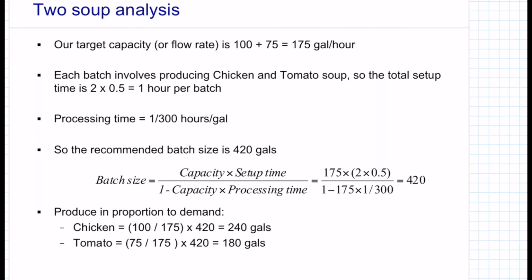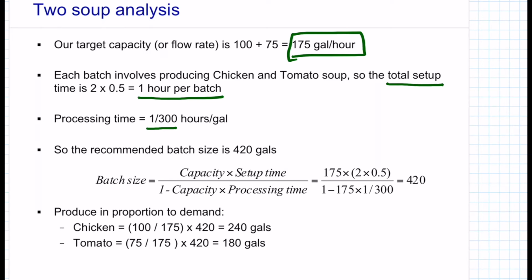To find the batch size, first we find the target capacity, which in this case is the total demand, 100 plus 75. The total setup time is 2 times 0.5 for each type of soup, so the total is 1 hour per batch. Since the production rate is 300 gallons per hour, we take the reciprocal to get a processing time of 1 over 300 hours per gallon.